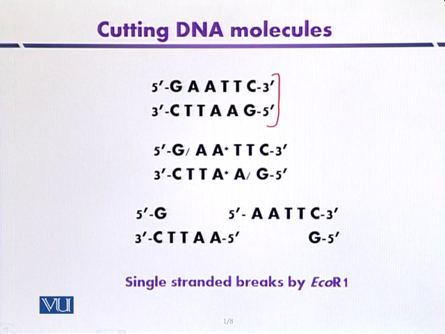So here, GAATTC is read from 5' to 3' in one direction, and it reads the same from the other direction, GAATTC. Such sequences are called palindromes.